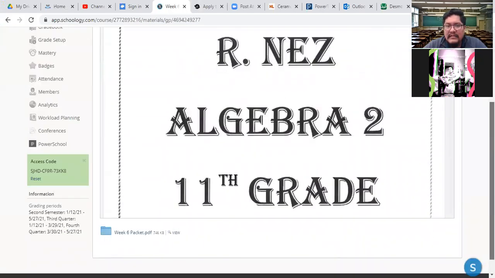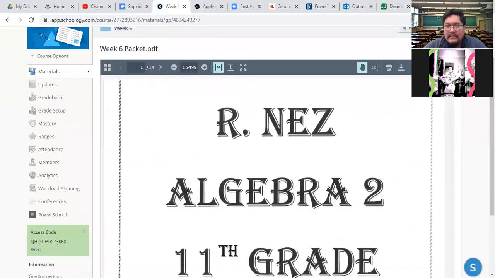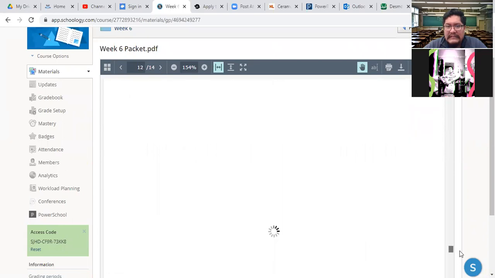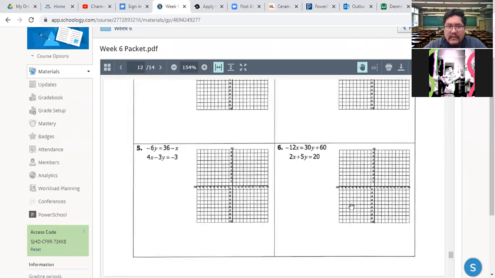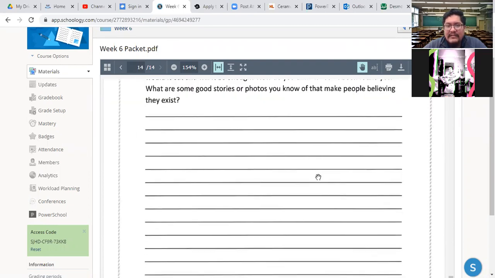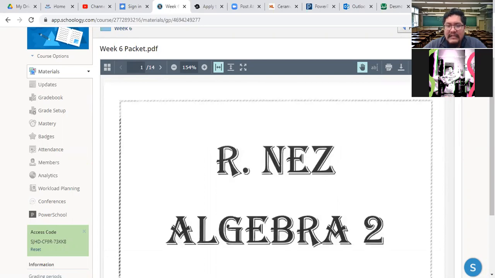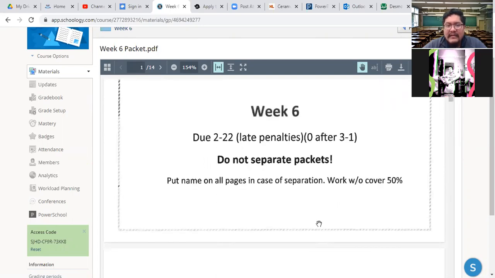And it looks like, okay, linear equation. All right, okay, that's not going to work. But anyway, just a reminder, you can look on Schoology and get the packets from here. So if you live out of town or whatever, you can check here and get the packets.